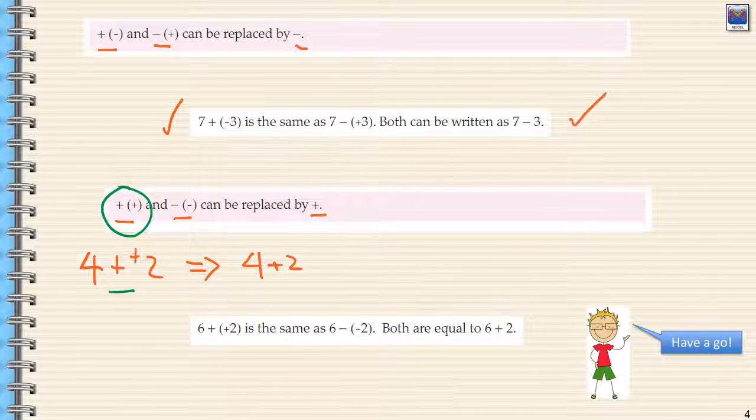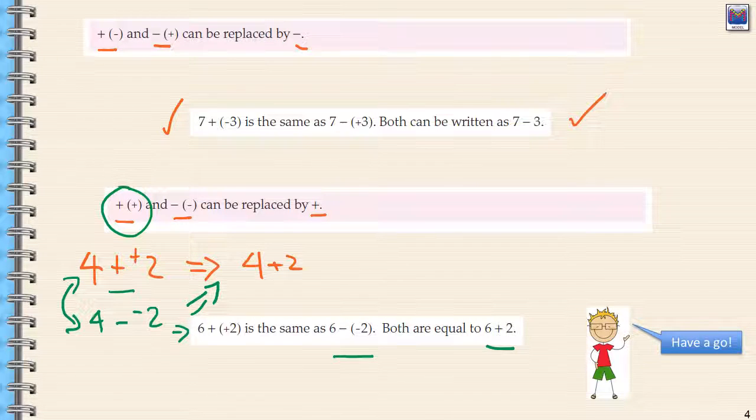Or the opposite of that is the other one, minus a negative. And this is my statement here. 6 plus positive 2 is the same as 6 minus negative 2, which are both a 6 plus 2. So another way of writing this is 4 minus negative 2 is also the same as 4 plus 2, which means it's in fact the same as this one.